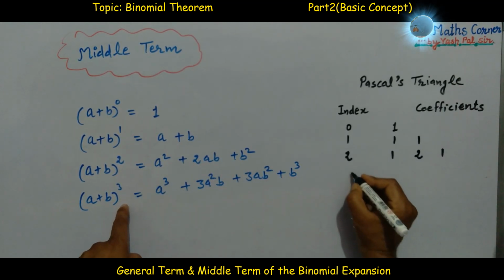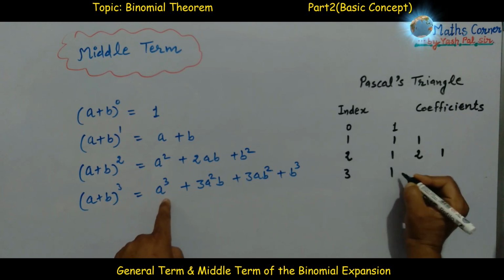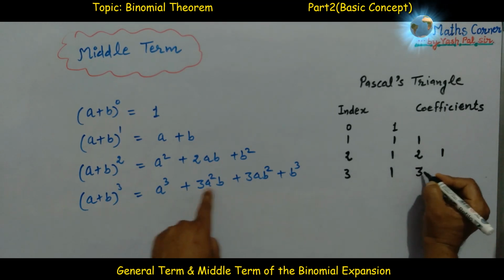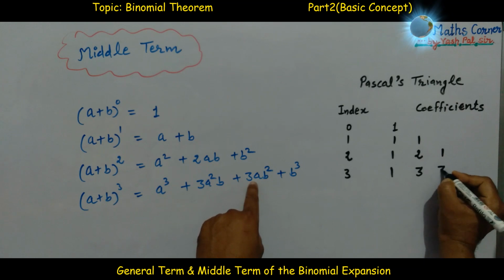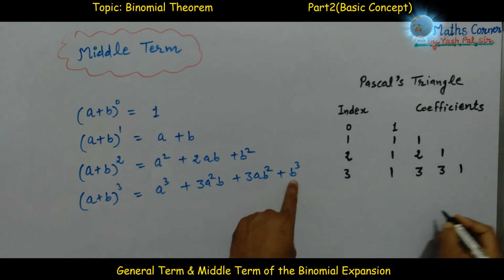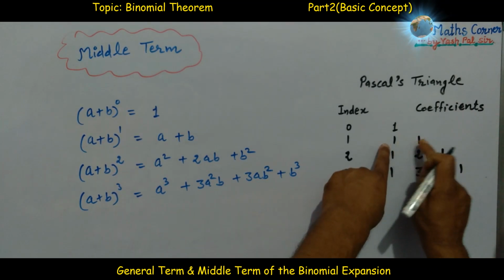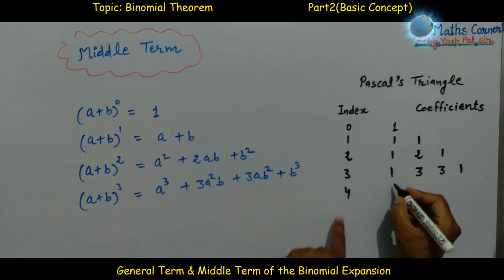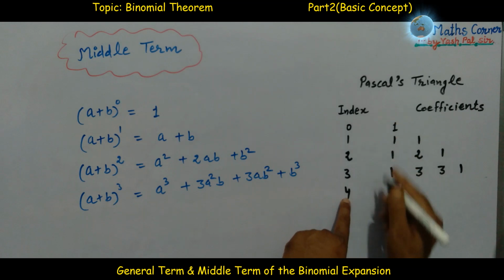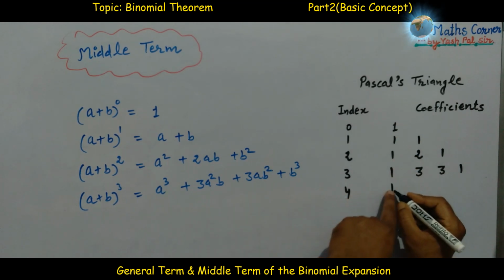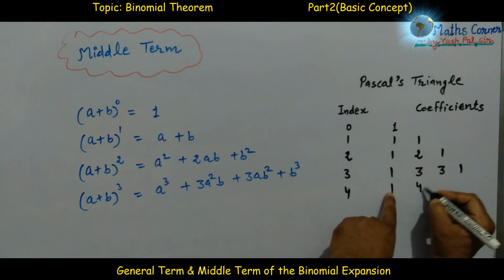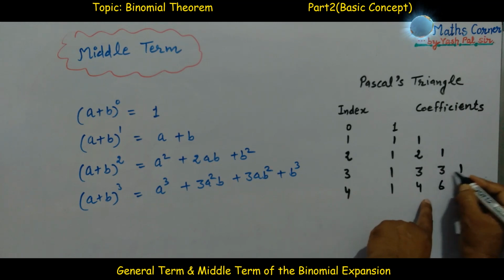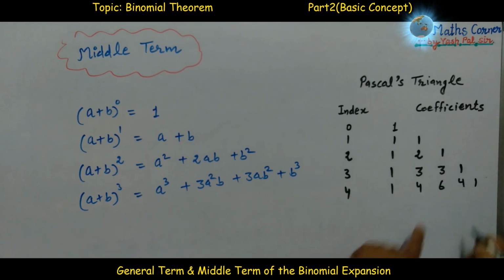When index is 3, first coefficient 1, second coefficient 3, third coefficient again 3, last coefficient 1. Meaning to say 1, 1 plus 1 is 2, 1 plus 2 is 3. We can proceed. When index is 4, then we start with 1, 1 plus 3 is 4, 3 plus 3 is 6, 3 plus 1 is 4, last we write 1.